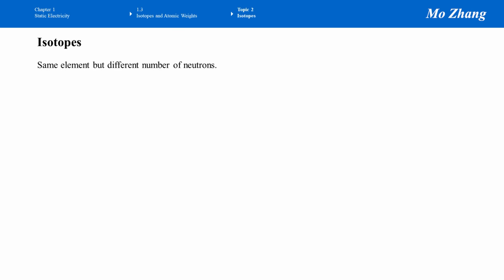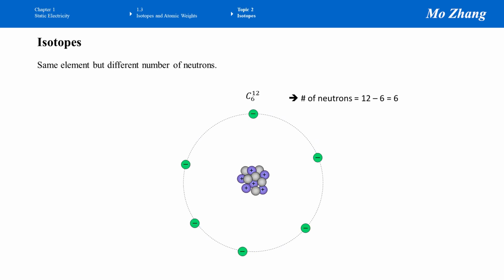Now let's take a look at the other topic, which is called isotope. Isotope means same element but different number of neutrons, or in other words, same animal but different weights. One is heavier and the other one is lighter, such as this. So here we have a carbon. C means carbon.